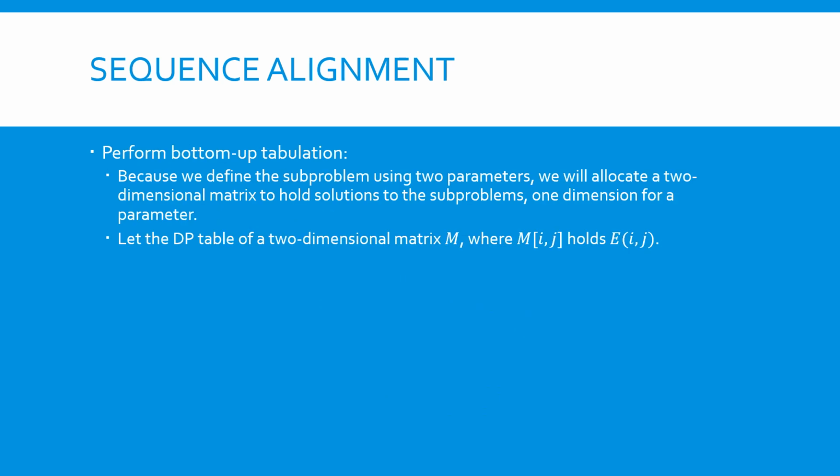Finally, we can implement the bottom-up tabulation approach. Since the subproblems are defined by 2 parameters i and j, we need to allocate a 2-dimensional table to store the results. Specifically, we will allocate a 2D matrix M, where the entry M(i,j) will store the value of E(i,j).